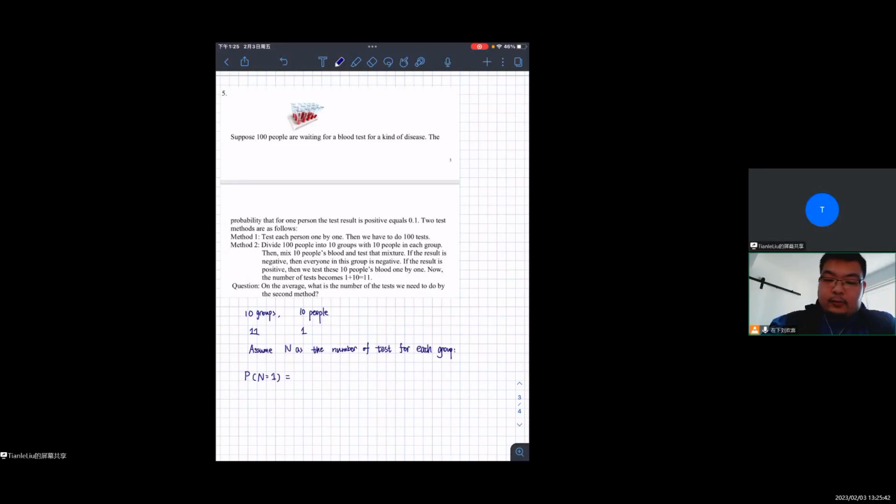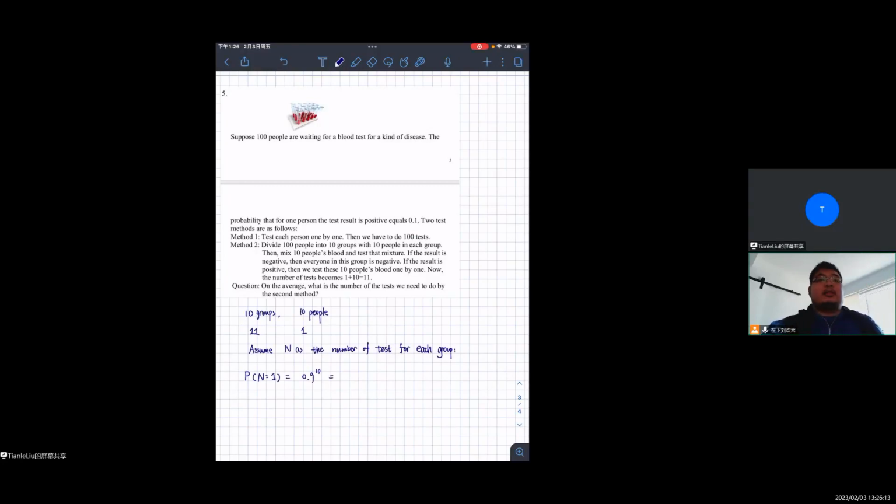From the problem, we see that the probability of a positive test result is 0.1, which means the negative probability is 0.9. Since we have 10 people in each group, the probability that all of them are negative is 0.9 to the power of 10.